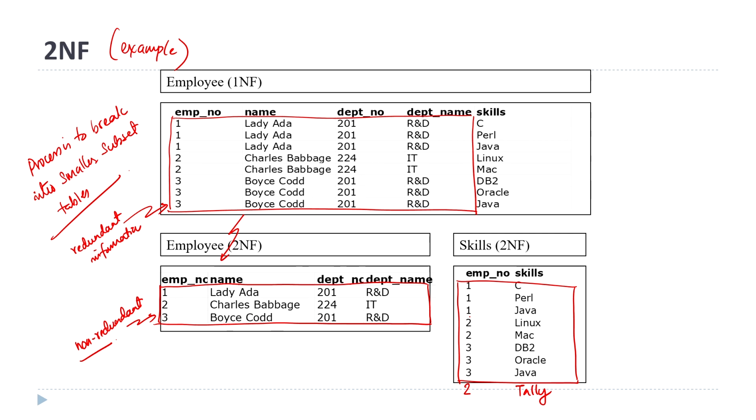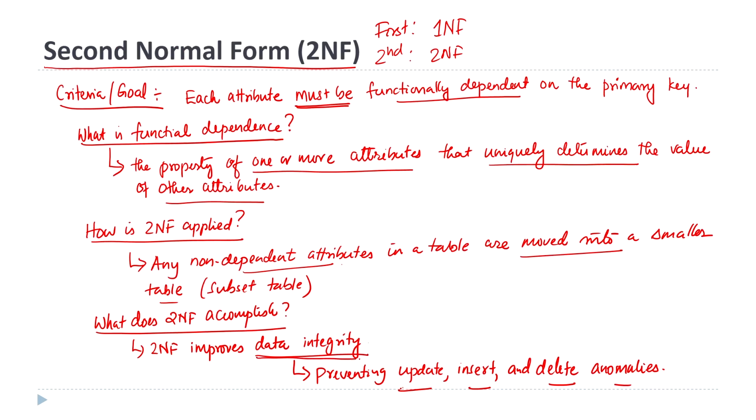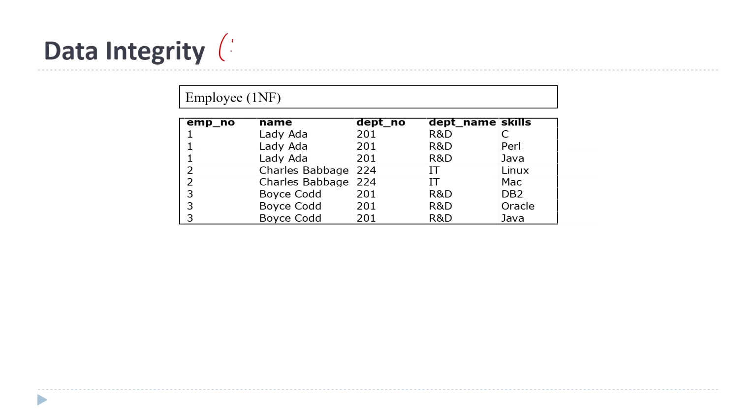So, now let us look at what we call data integrity, which I mentioned as a term before. This is data integrity, preventing update, insert and delete anomalies. So, let us talk about what data integrity is by illustrative examples. We are going to look into this by each individual example.